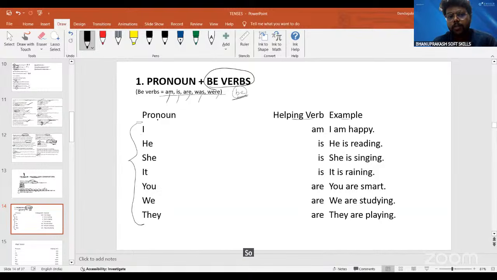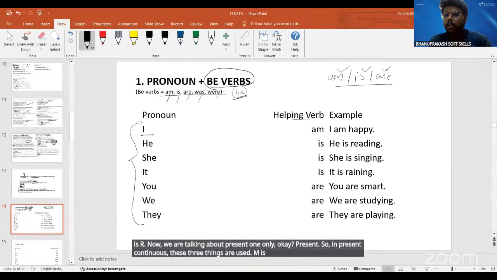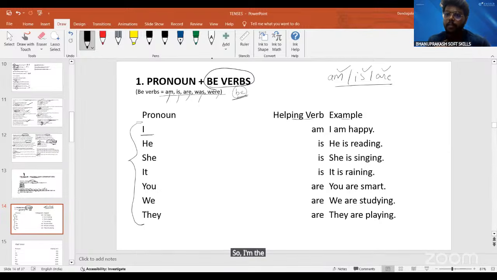Here you can observe pronoun I. So we do have am, is, are. Now we are talking about the present one only. So in present continuous, these three are used. Am, is, are. So I am the first person here. If I talk about myself or what I did, I use this word am.